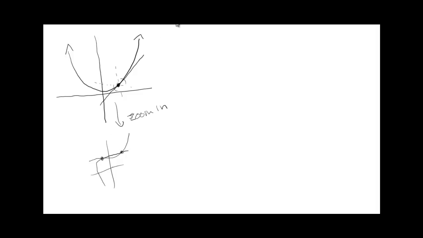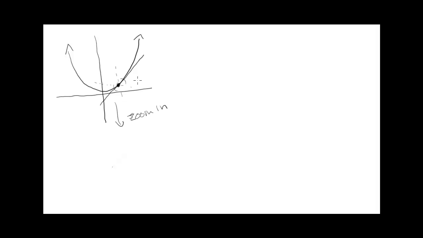So a tangent could pass through it at more than 1 point, and there's more than one line that passes through the curve at 1 point. So the best way to define tangent is approximating the curve if you zoom in enough.